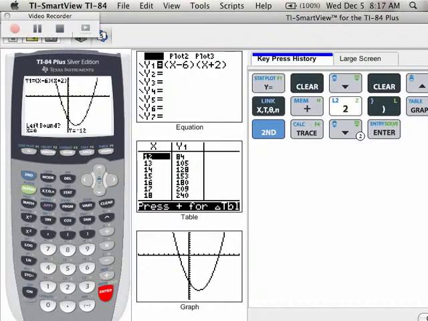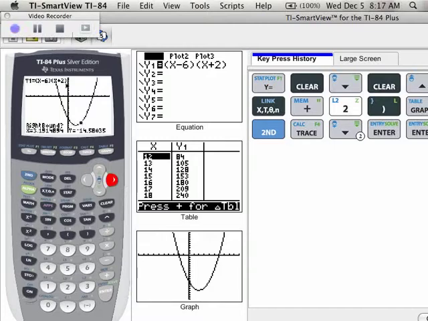And what you'll see pop up on your calculator screen is something called the left bound. That means make your blinky go to the left of the bottom of the parabola. So already the blinky is to the left of my parabola. So I hit enter. And then it says, where's the right bound? You can go anywhere to the right of that vertex of the parabola.